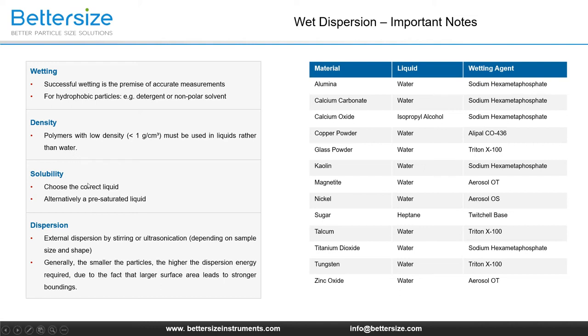Some liquids and wetting agents for particular materials are displayed in the right table for your reference. And depending on the size and shape, external dispersion may be required, such as stirring and ultrasonication. Generally speaking, the smaller the particles, the higher the dispersion energy required.